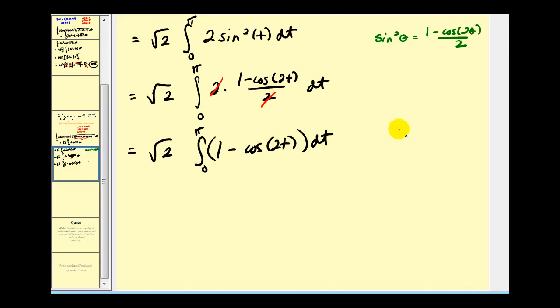Then of course here we have a u substitution. So when converting to u, we'd have an extra factor of 1/2. So we'll have t minus 1/2 sine 2t.